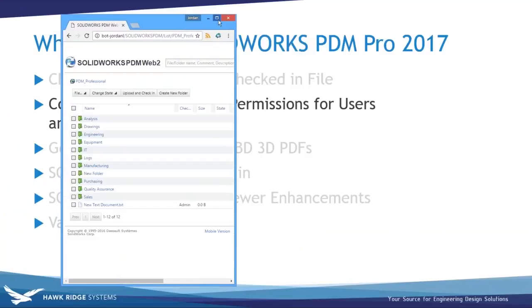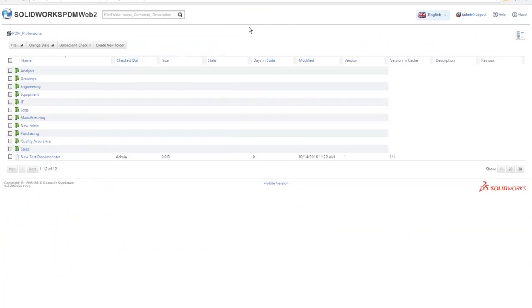So basically within the Web 2 interface, a lot of customers were trying to give access to vendors or suppliers, but they didn't want to give download access, they just wanted a customer to view files within PDM. You weren't able to stop people from downloading the file in the first place.